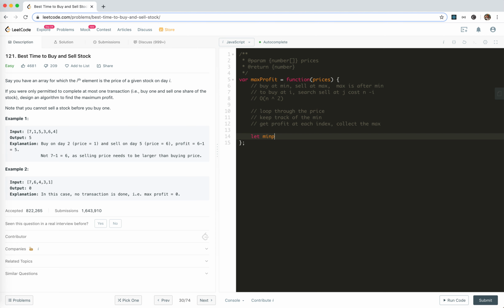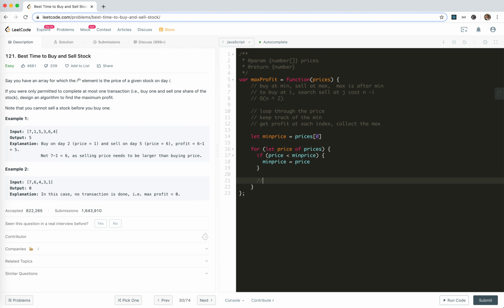Let min price be the first one, prices 0. We don't need to care about the index, I think. So for let price of prices, if price is smaller than min price, we update min price equals price, right?